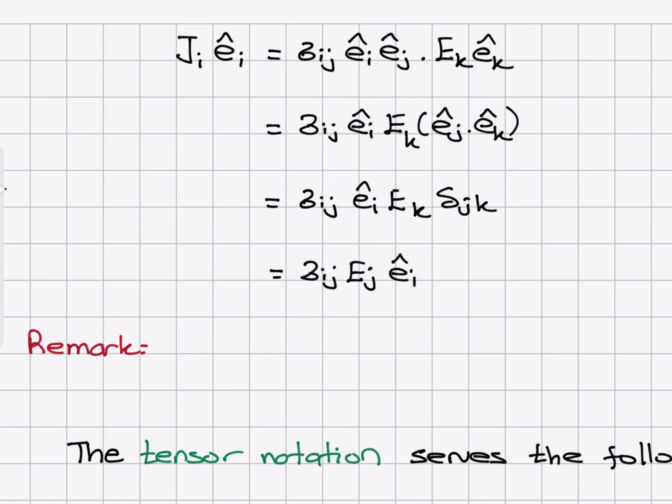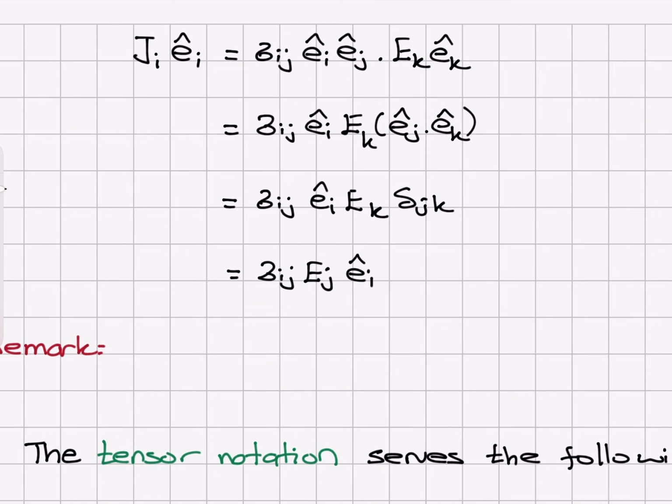All right. So this is telling us that because there are ei hats on both sides, each component of the current density Ji is equal to sigma ij Ej. So I have to sum over the j index; the i index remains. So J1 is equal to sigma 1 1 E1 plus sigma 1 2 E2 plus sigma 1 3 E3, etc.